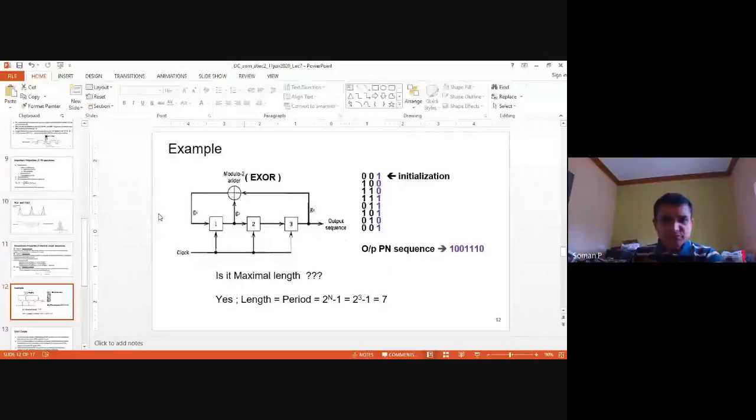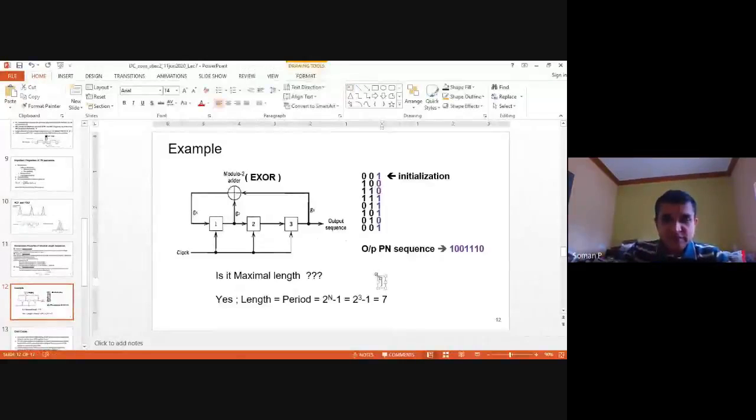This is z cube plus z square plus 1. So P of z is equal to z cube plus z square plus 1. z cube is there, z square is there, z raised to 1 is not there, and z raised to 0 is 1.